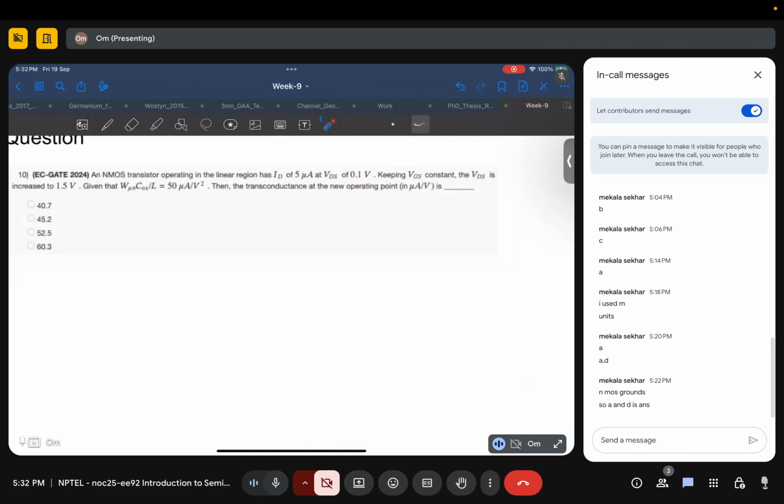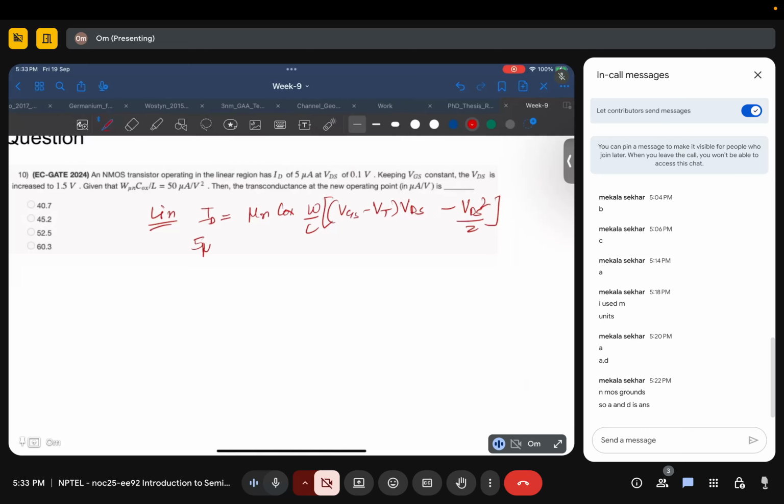So let's see this. We know first for linear region, ID is mu n C ox W by L into VGS minus VT into VDS minus VDS square by 2.